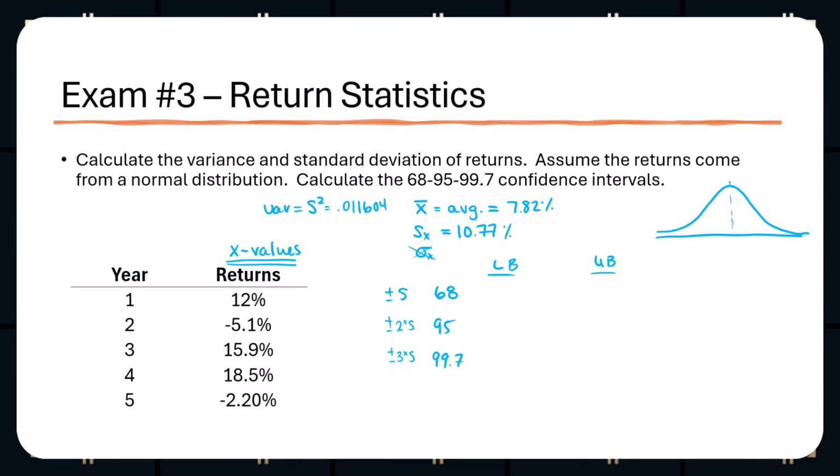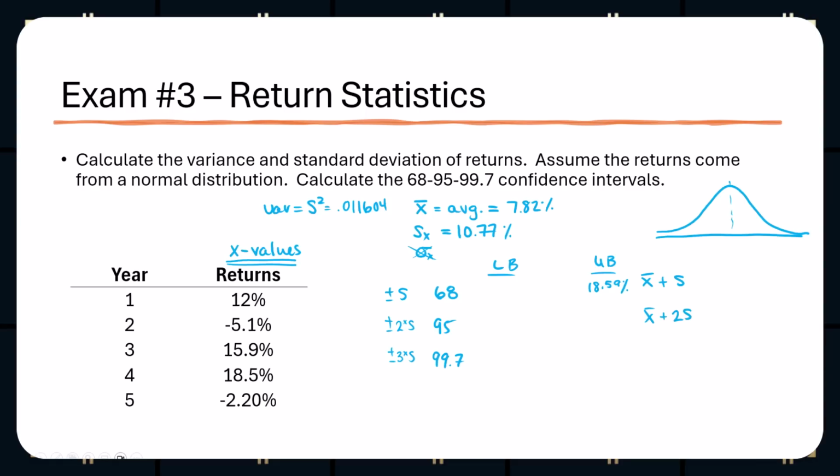Our first upper bound is going to be x bar simply plus 1 standard deviation. That means I'm going to take the 7.82, add the 10.77, and I find that my upper bound is 18.59%. The next one is x bar plus 2 times the standard deviation.